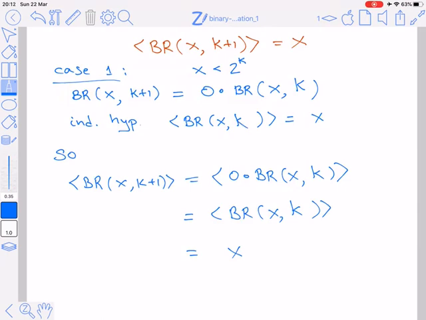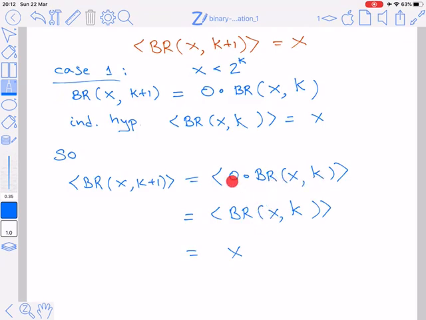Good. Now, the induction hypothesis tells us that the algorithm on x and k outputs a binary string that represents x. Therefore, let's see what is the number that is represented by the string that the algorithm outputs for x and k plus 1. The most significant bit is 0, and the remaining bits are computed by the recursive call.